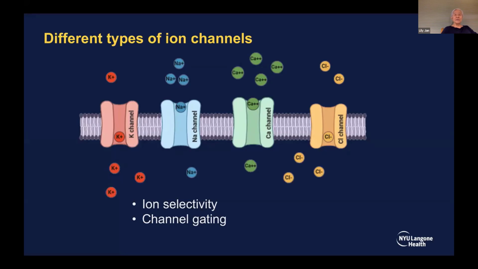They may bind to transmitters, IP3, a range of things. And some may be sensitive to the ATP to ADP ratio, so they're metabolically connected, regulated. And then there are some that are activated by stretching the membrane or by changing the volume of the cell.